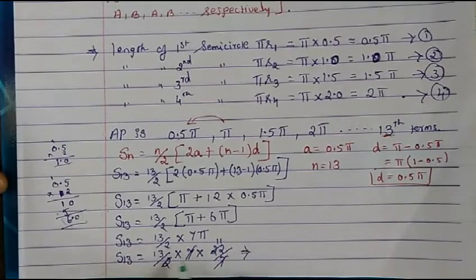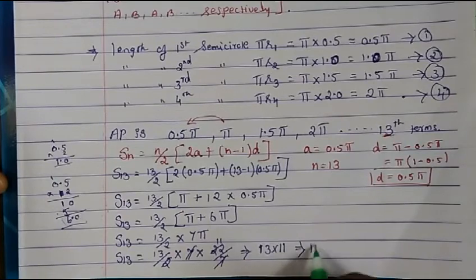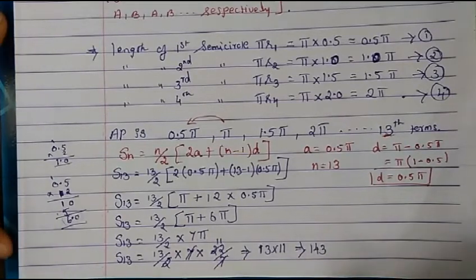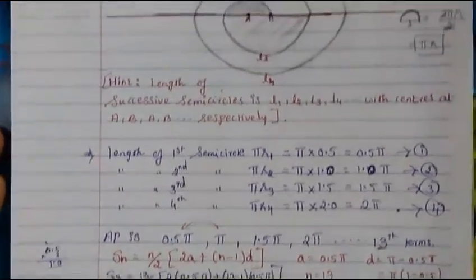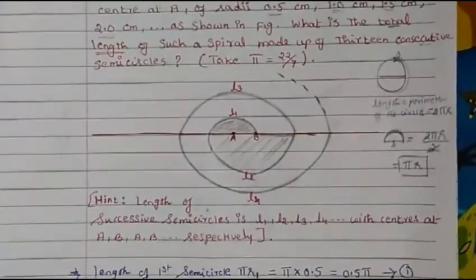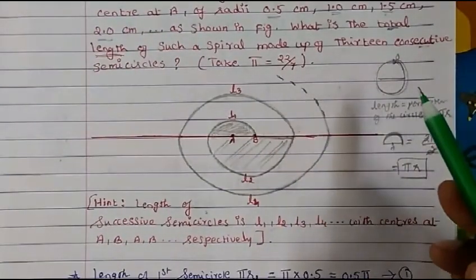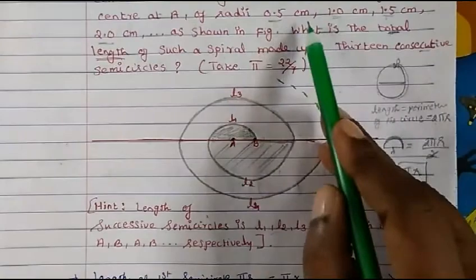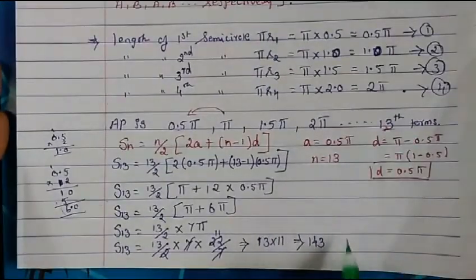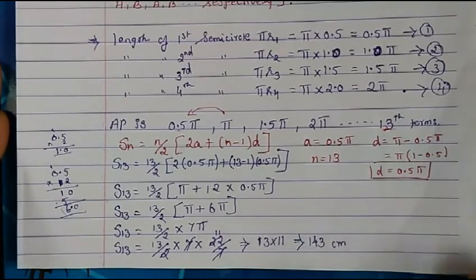So we have here 13 and here 11. 13 into 11 will give us 143. And it is given in centimeter. Everything here is in centimeter, so we will write centimeter here.